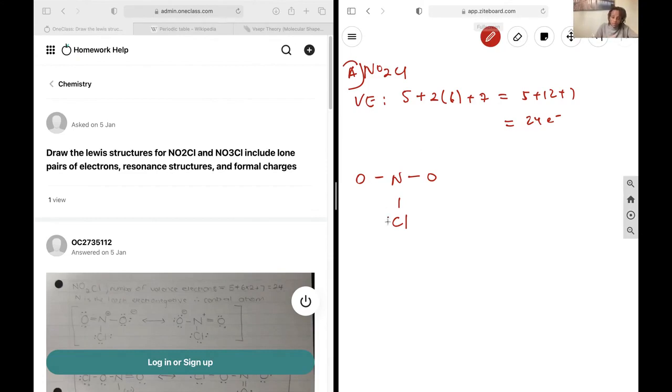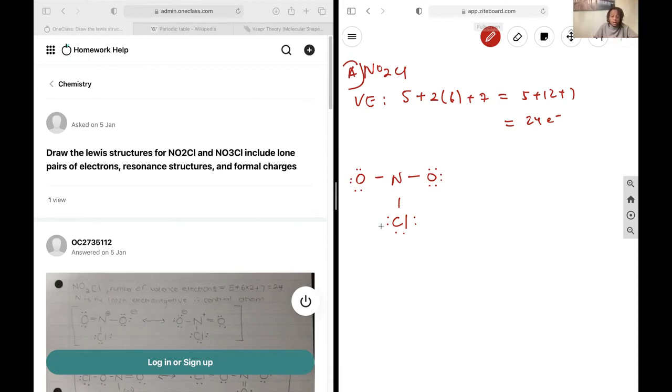Next up, I'm going to put valence electrons around each of them to fill in their octets. See if I have anything left for my central atom. I have 2, 4, 6, 8, 10, 12, 14, 16, 18, 20, 22, 24.